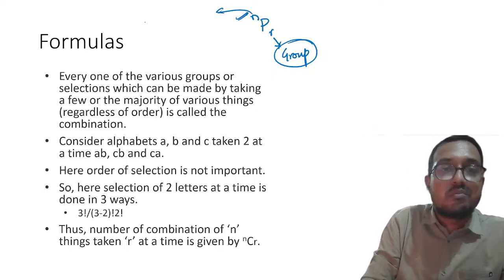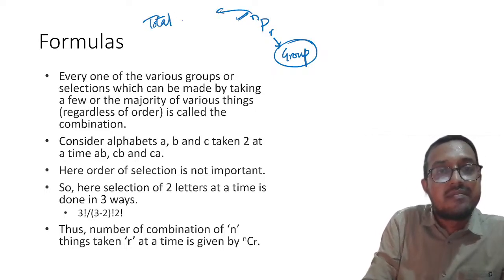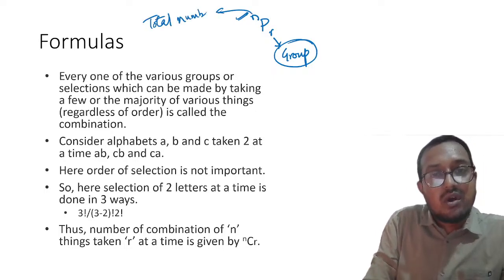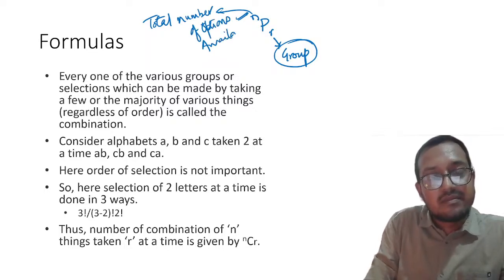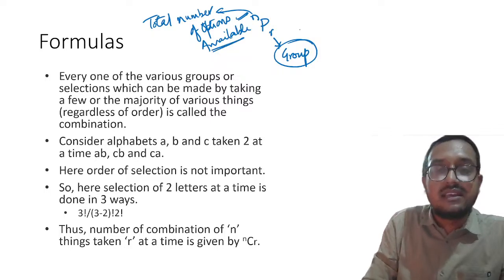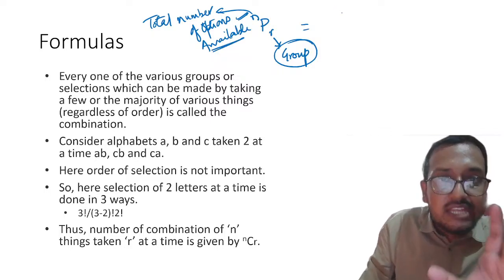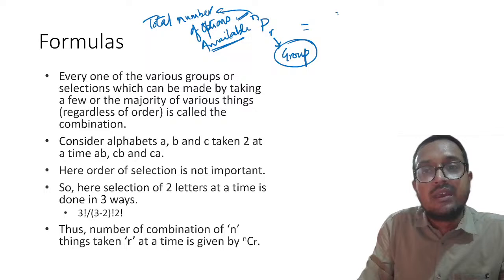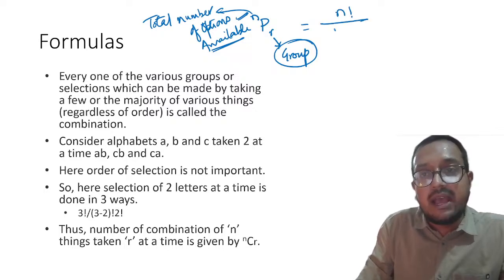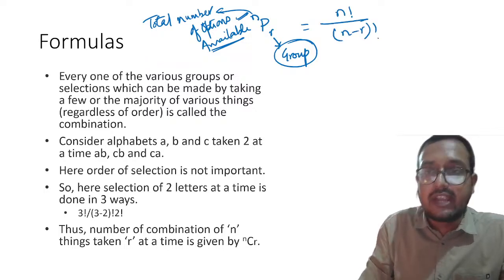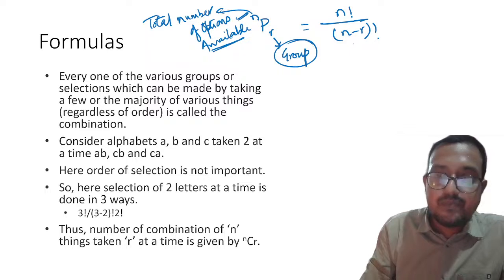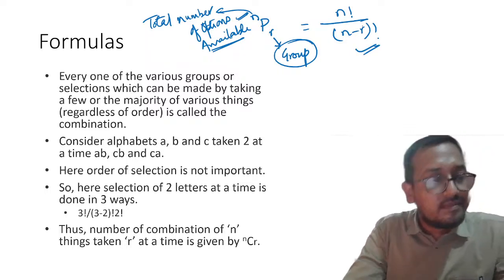N is the total number of options available. Is it clear? So my dear students, to find this permutation, what you should do is n factorial divided by n minus r factorial. Understood this thing?